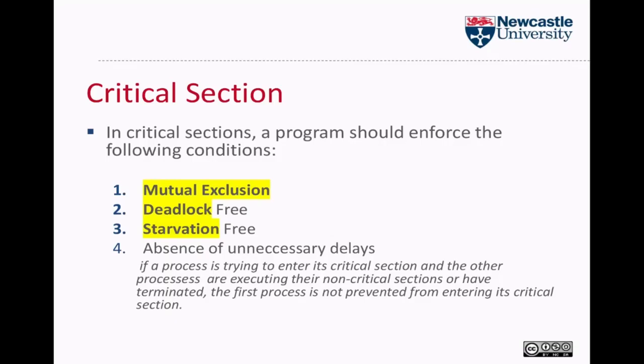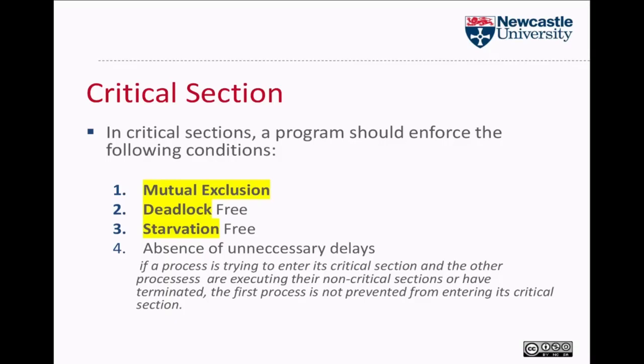We want to avoid deadlock, which is an indefinite wait, or starvation, which is a relaxation of the former, in which one thread is waiting indefinitely, but we know that eventually it might get there, but not soon. That also boils down somehow to absence of unnecessary delays, but that is more of an optimization, so that is not going to be covered.